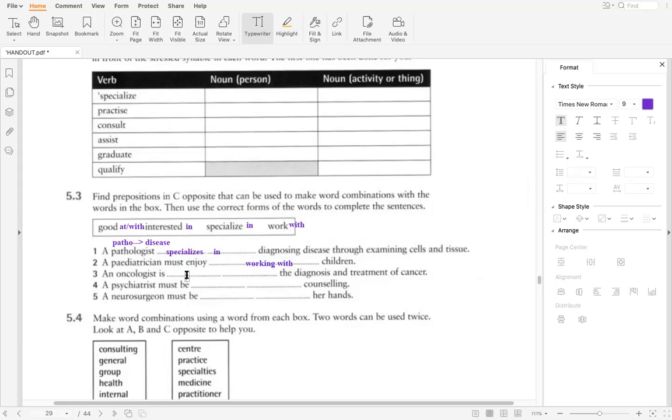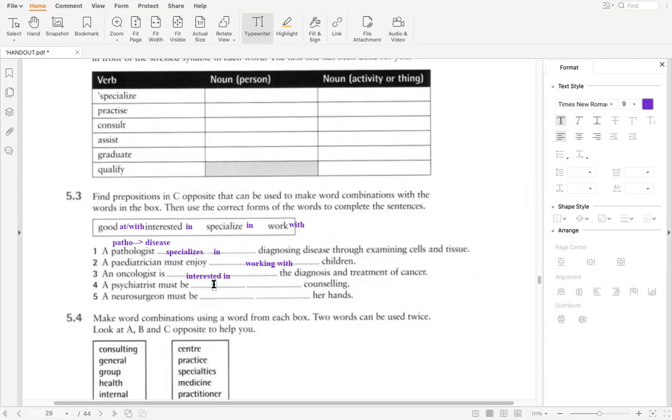An oncologist is blank the diagnosis and treatment of cancer. So an oncologist is interested in.